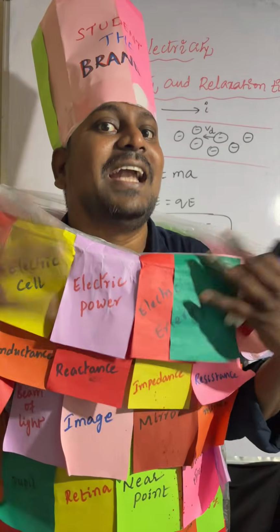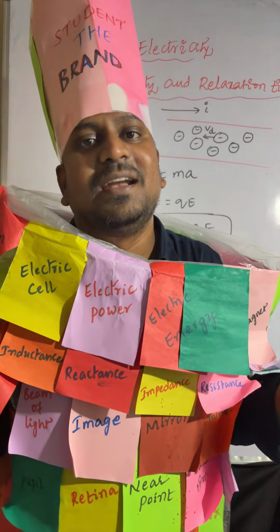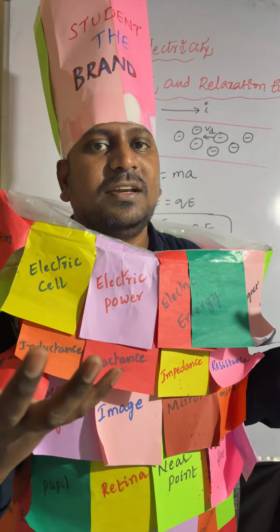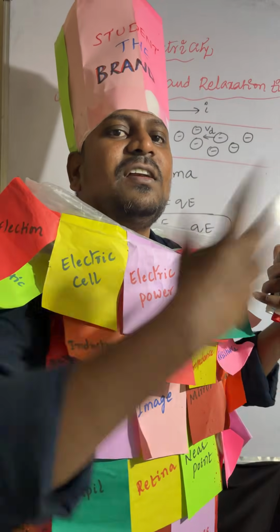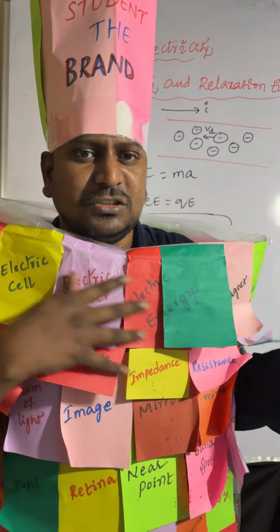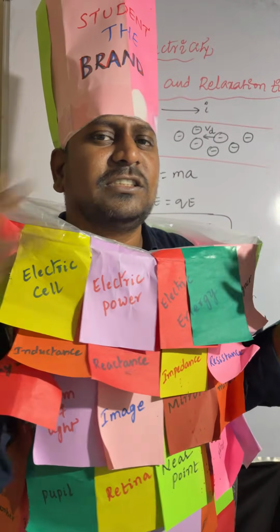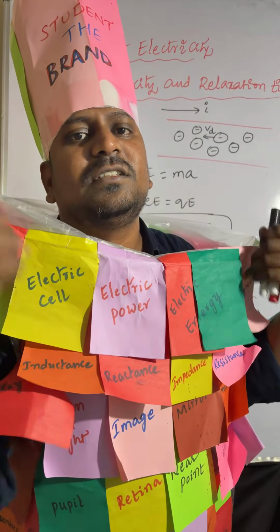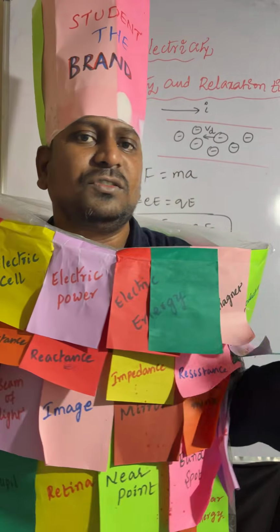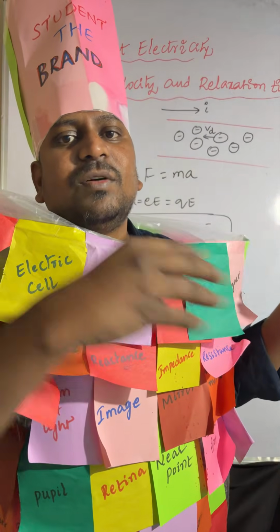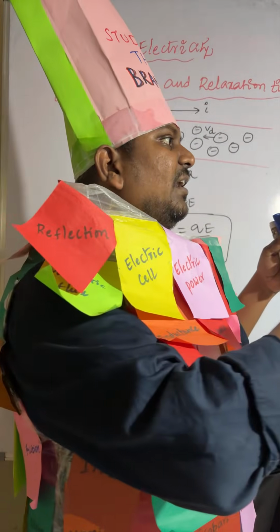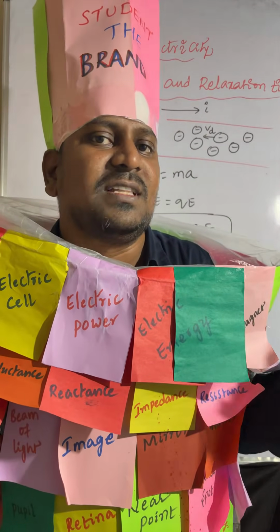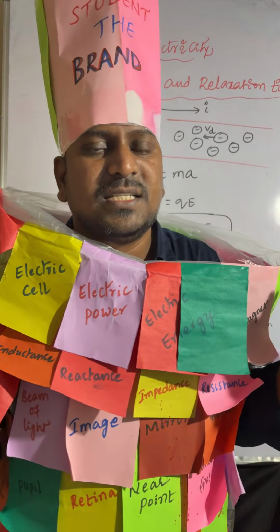Regularly it won't take place, randomly it will take place. One electron will hit another electron, that electron will hit another electron. Keep on bombardment takes place, keep on collision takes place at random intervals, not at regular intervals.